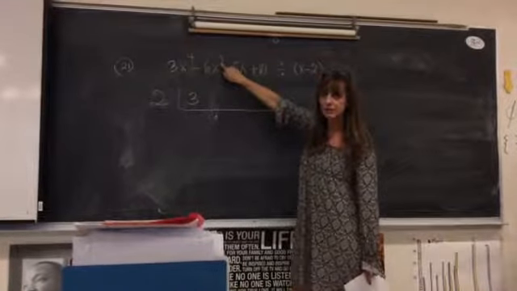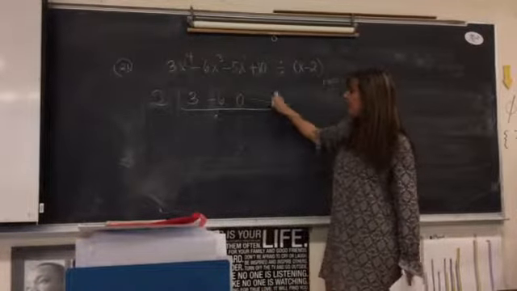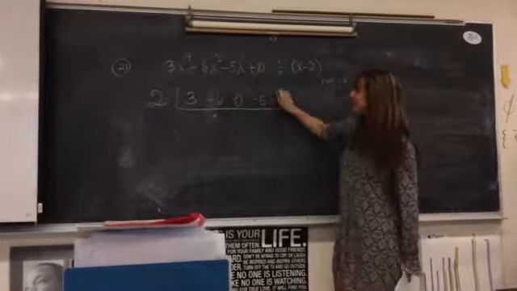Then I'm looking for the 2 power. The 2 power is missing. So what do I put? 0. Good. Then I have the 1 power. I have a coefficient of negative 5. And then I have the 0 power, which is the constant 10. So 4th power of x, 3rd power, 2nd power, 1 power, no power. And now I'm ready to do my synthetic division.